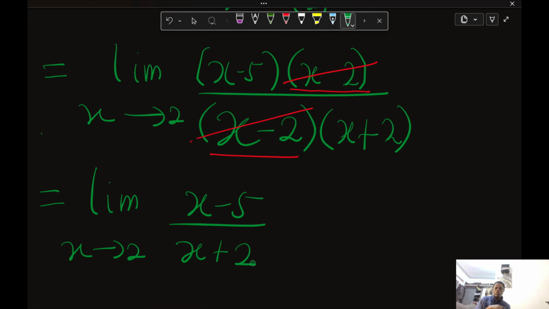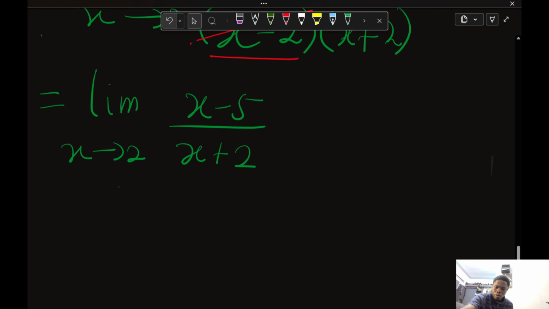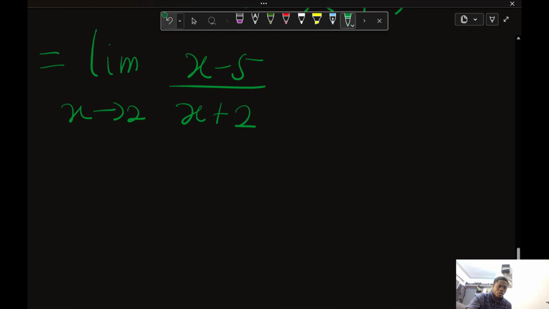You can see that now when you substitute the value of x into the function, you are no more going to get the denominator equal to 0. So we can now do our substitution. We are replacing the x with the value that it approaches.